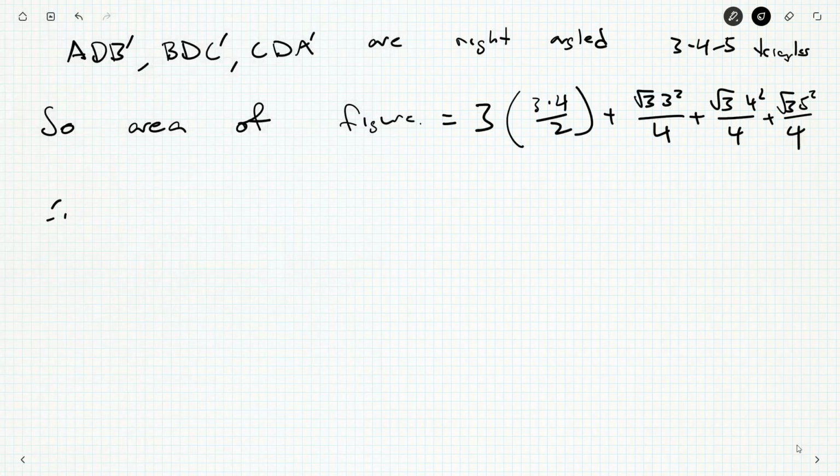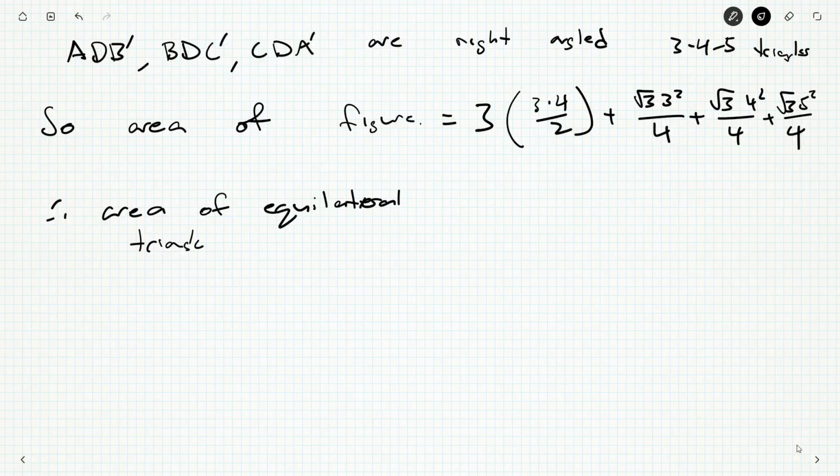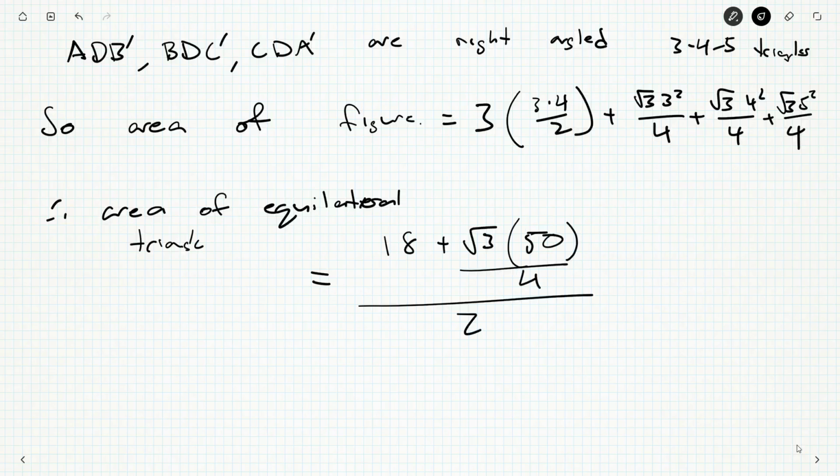Okay, and therefore the area of the equilateral triangle, and I do like how rotation allowed me to not solve for the side length. So that'll be 1/2 that, which is 3 times 6, so 18, plus root 3 times 9 plus 16 plus 25, so 25 plus 25, so 50, over 4, all over 2, because it's half the area of the figure.